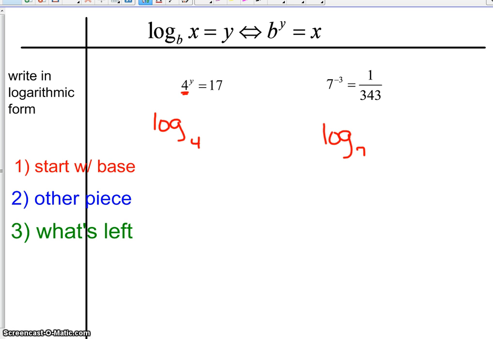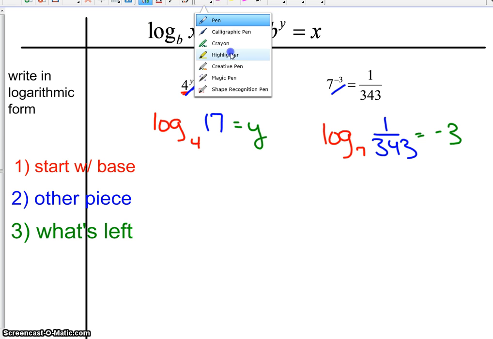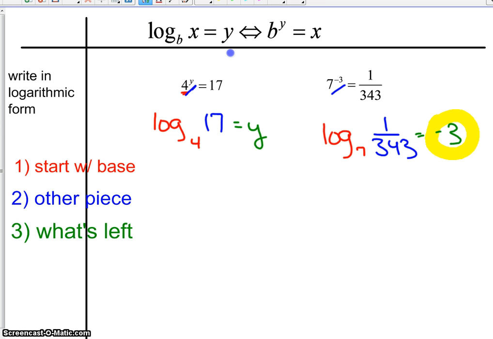Here we're with y, so we're going to be with 17. Here I'm with -3, so I'm going to be with 1 over 343. Then it equals what is left over. What people sometimes worry about is, ooh, I got a negative, but that's fine. It's your base that you want to focus on not being negative.